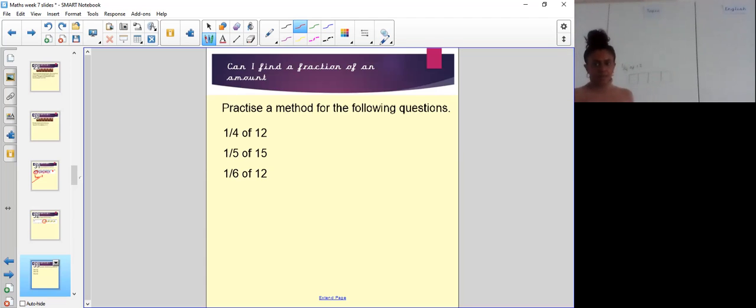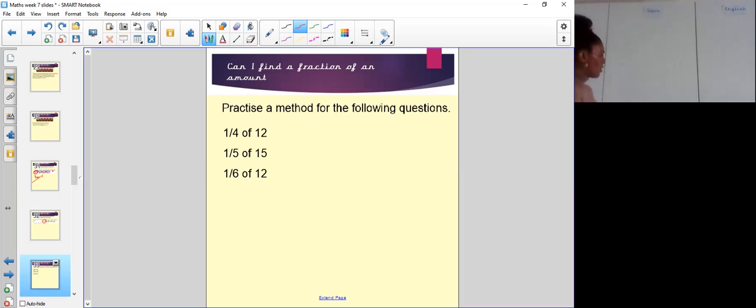Then I would split out 12 of my counters into each one equally. 1, 2, 3, 4, 5, 6, 7, 8, 9, 10, 11, 12. And then I focus on just one of those segments, and I know 1/4 of 12 equals 3. So if you got 3, you are correct. Let's have a look at the next question.